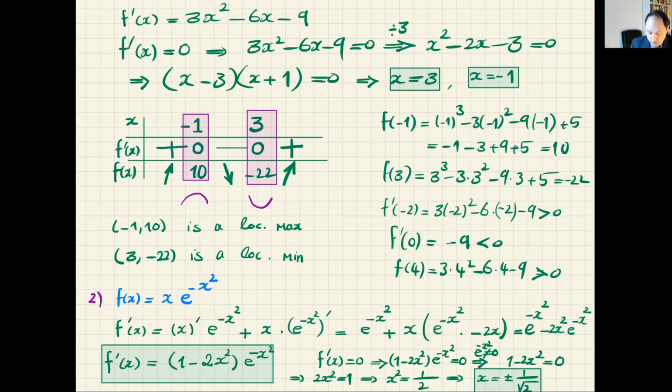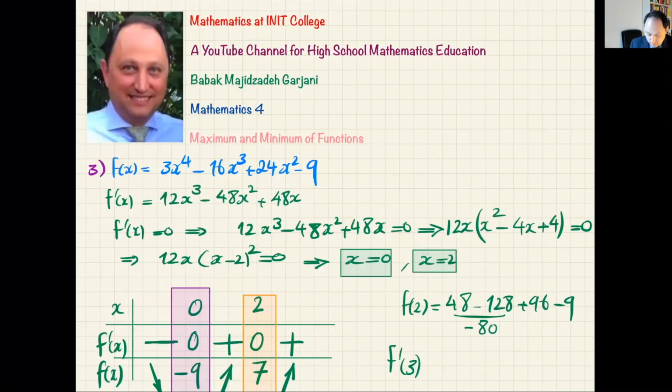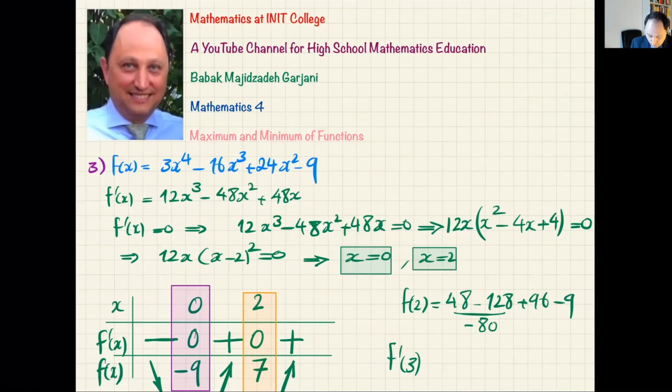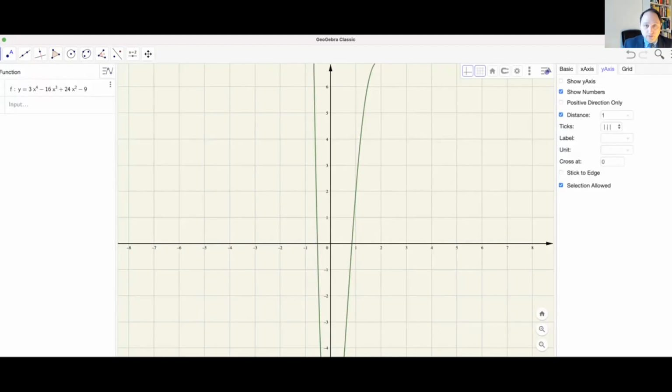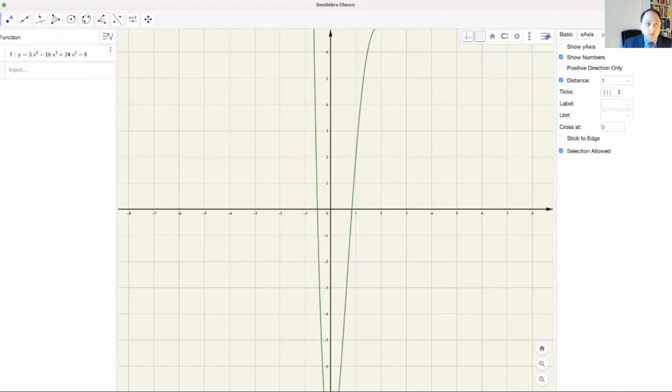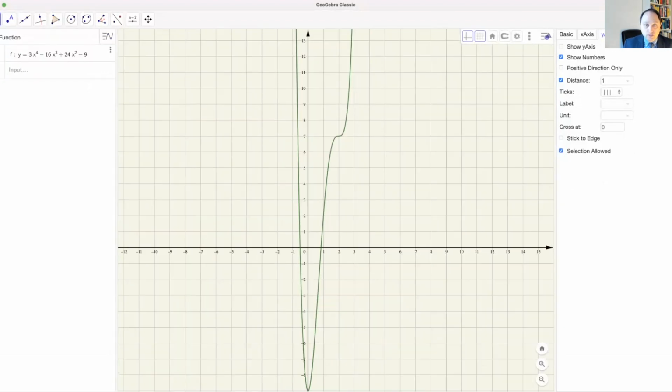Okay, so let me see if I can draw the picture of this function for you in GeoGebra. Let me just stop this sharing. And now you can see this. So I just put the function here, and this is what you see. And interestingly, what we predicted was correct. This point corresponds to that terrace point.